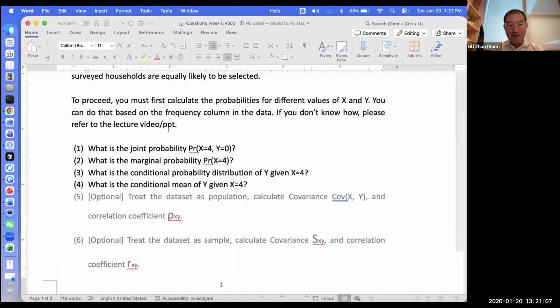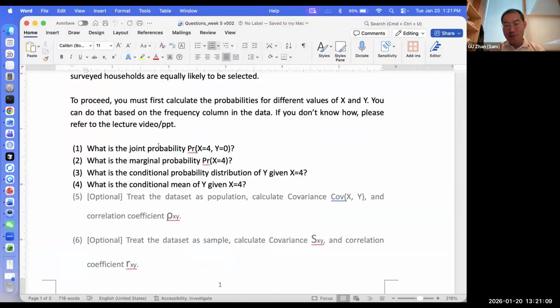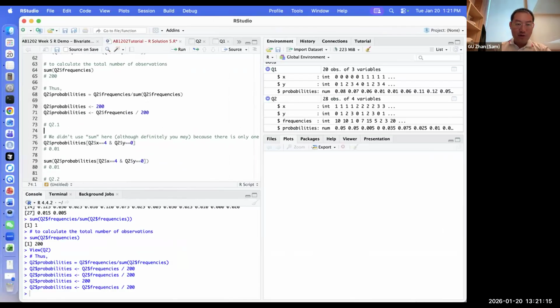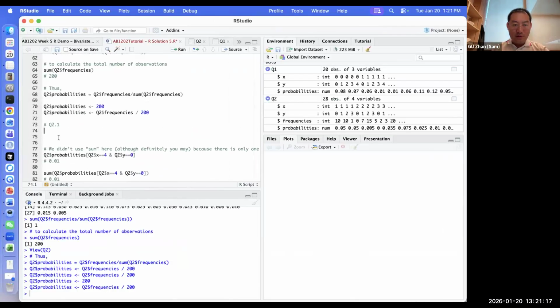Next we are going to see how to calculate each of these joint probabilities. X equal to 4, y equal to 0. Again, do you remember how we shall do that? Q 2.1. We want x equal to 4, y equal to 0. So these are Q2 square bracket, comma, and to the left of the comma, add the condition.